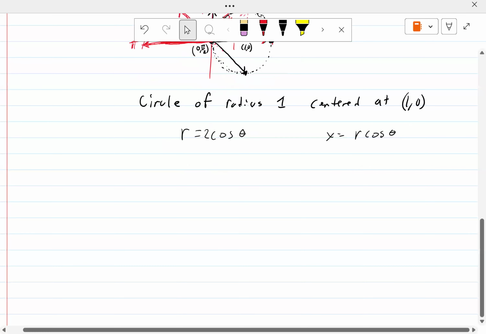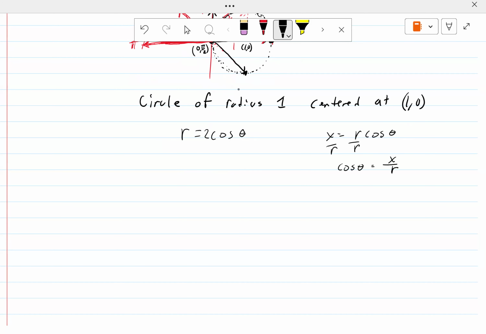If we divide both sides by r, we get cosine theta is equal to x over r. That's just the ratio of the x value to the radius, our normal cosine ratio. I'm going to plug that back in here. I'm going to get r is equal to 2 times x over r.